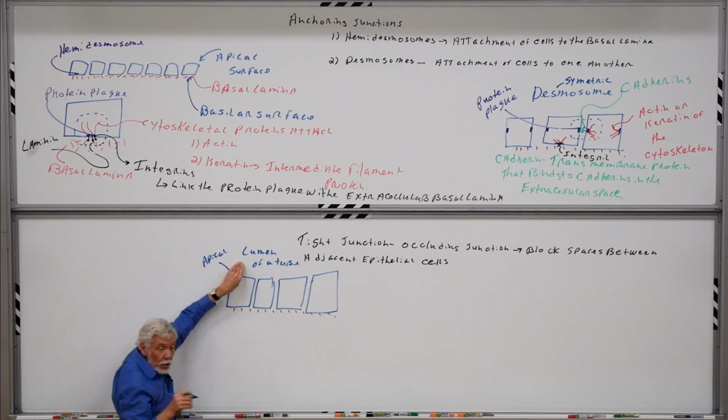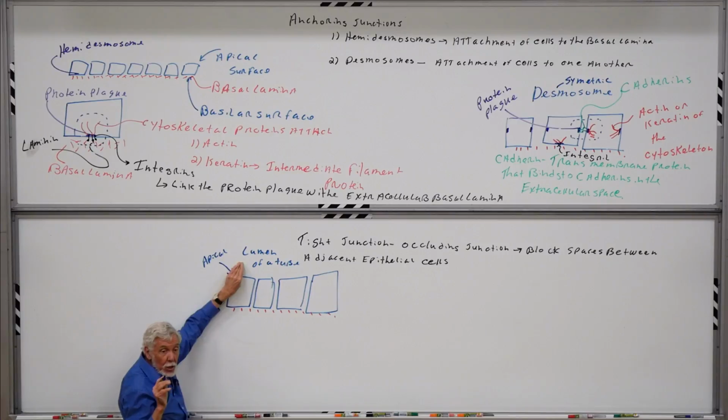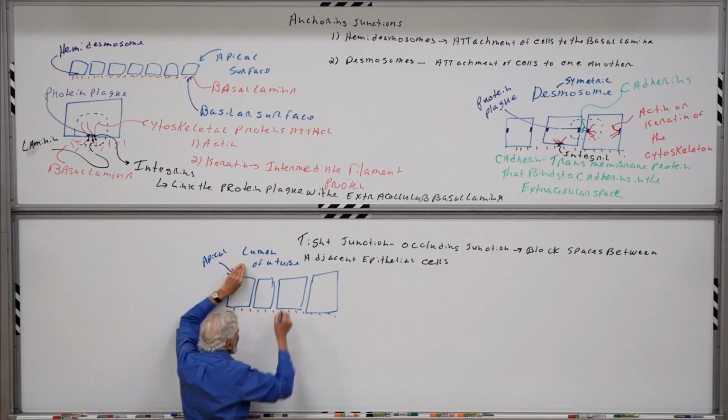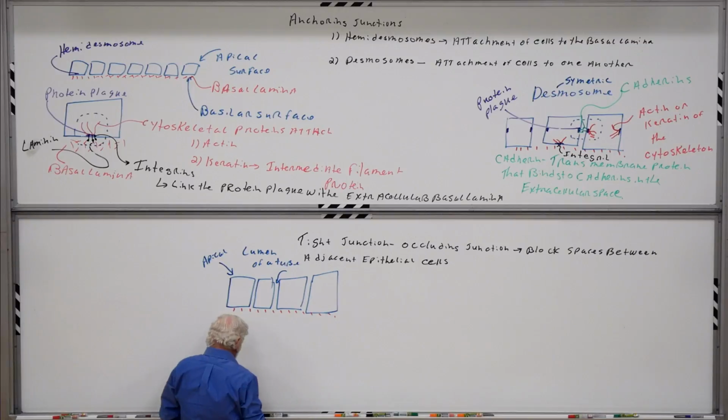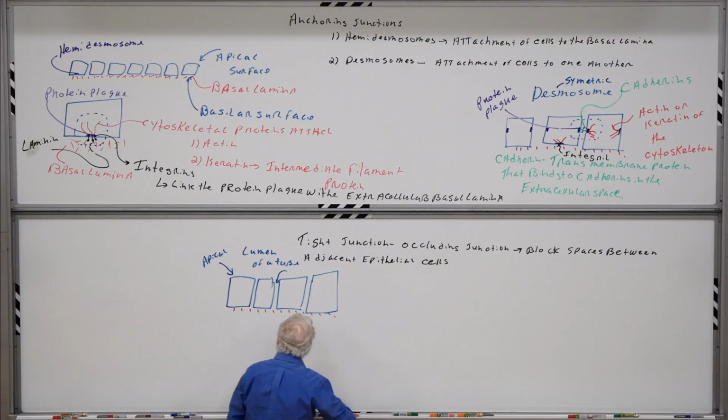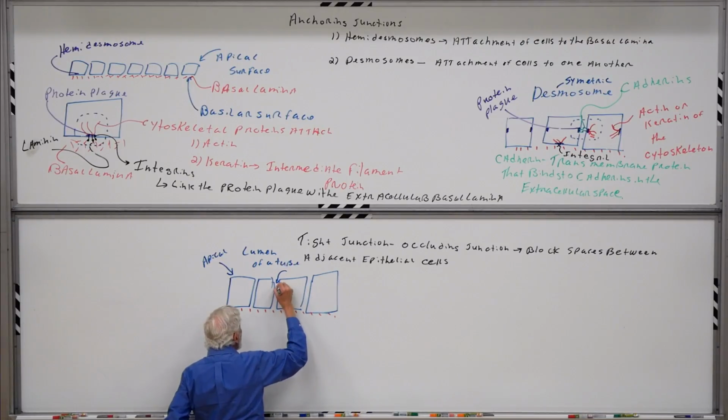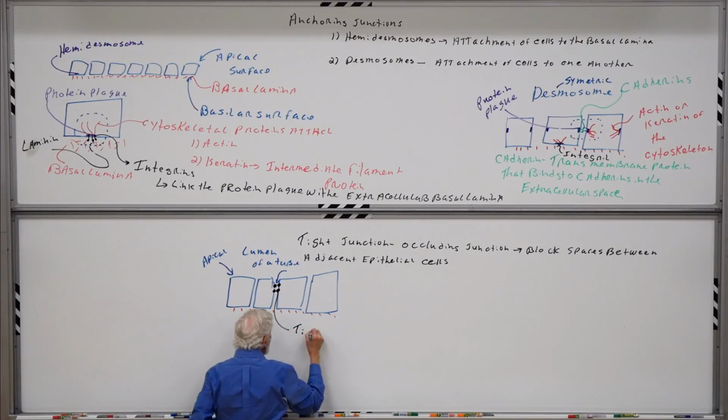And imagine now this lumen happens to be the small intestine, or even the stomach. So that the contents of the stomach or the small intestine could be lethal if it leaks down in between these cells. So these cells now are zippered together. They're zippered together at sites called tight junctions.